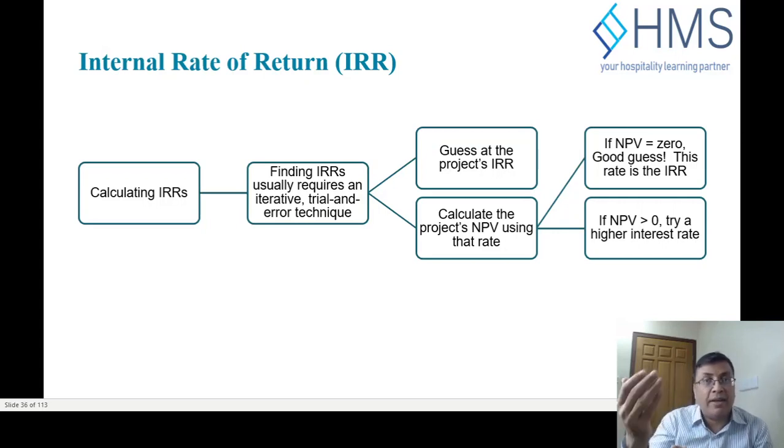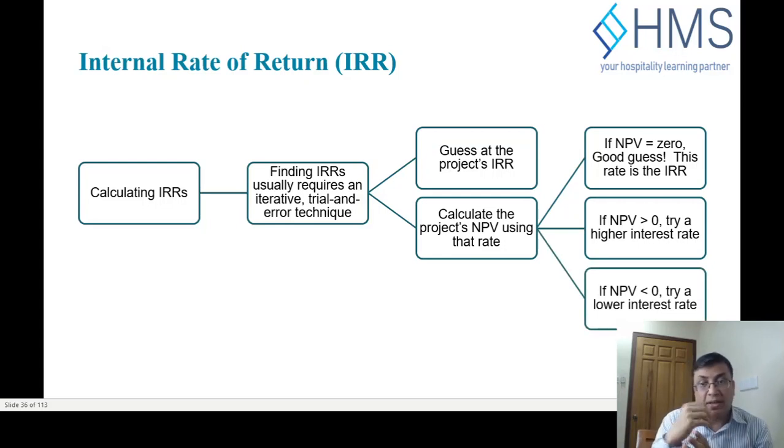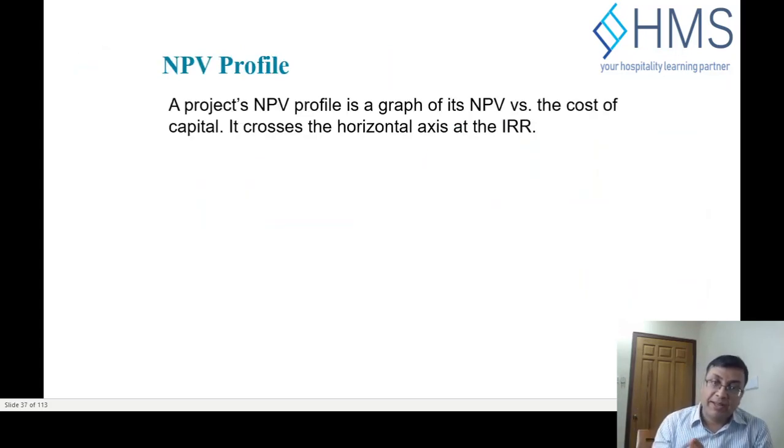If NPV is lower, then we have to use a lower interest rate, right? And then you will use an averaging formula to get the IRR.